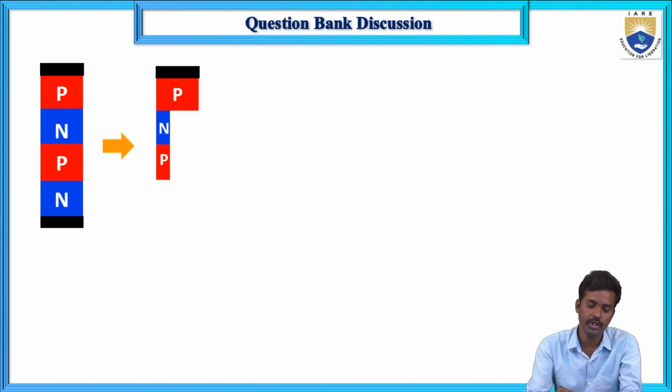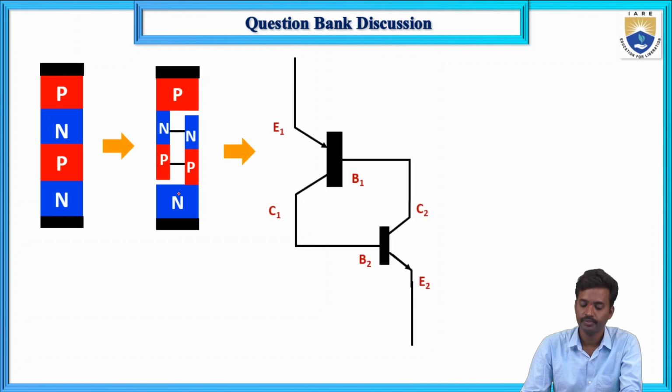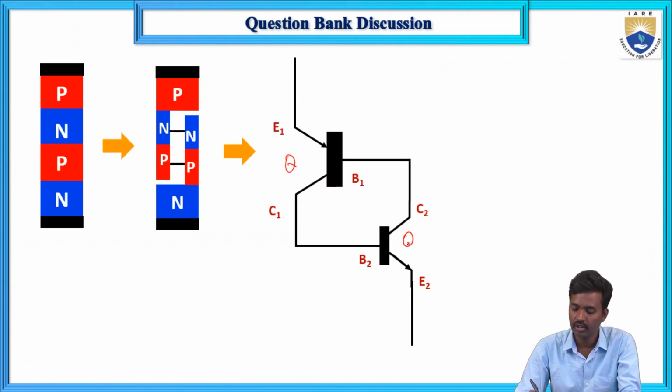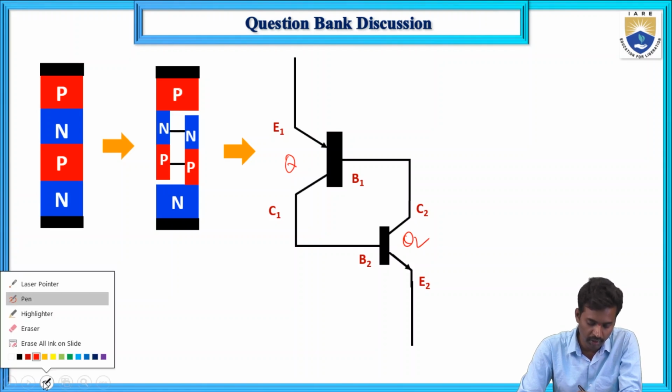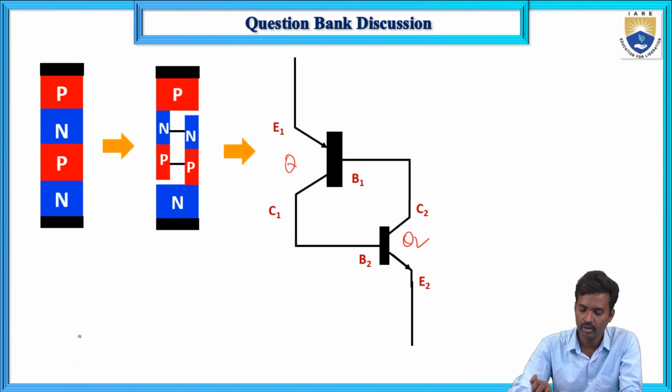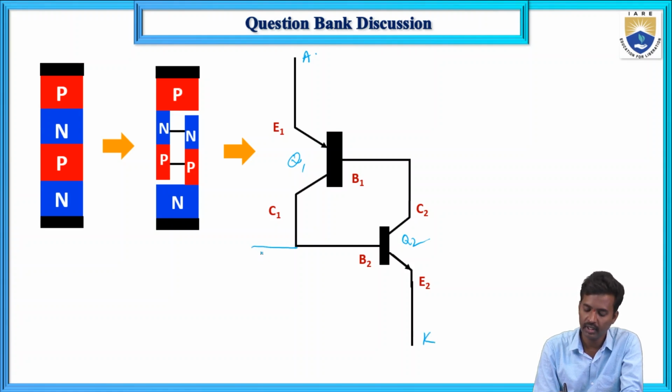The thyristor PNPN is divided into two parts, a PNP transistor and an NPN transistor. This is the thyristor model: this is Q1 and this is Q2. This is the anode, this is the cathode, and this is the gate.